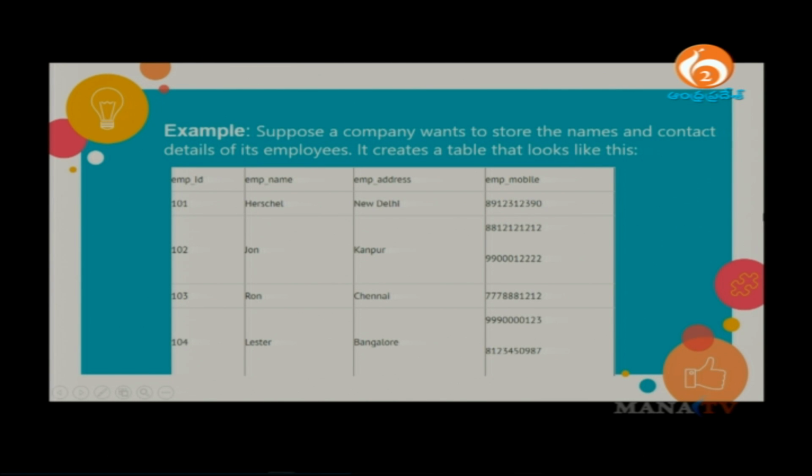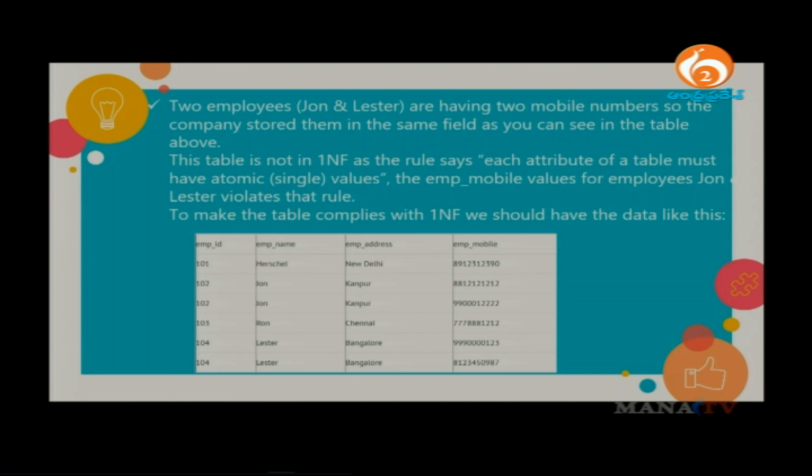Suppose you want to store the names and contact numbers of employees, as on this particular screen, and convert it. Say two employees, John and Lizard, have two mobile numbers, so the company should show them in the same field.